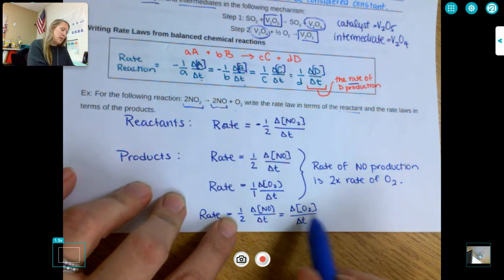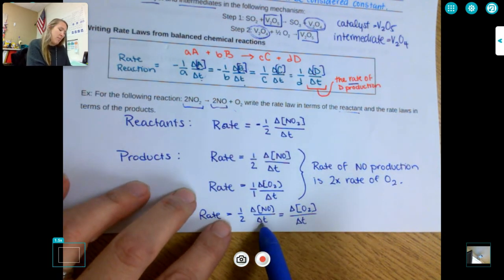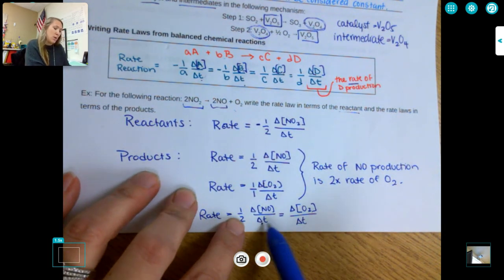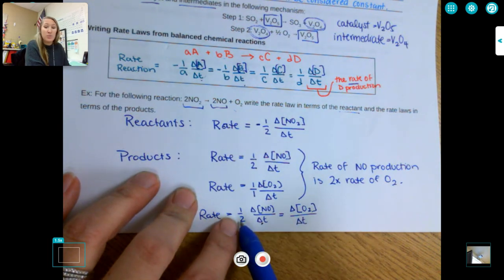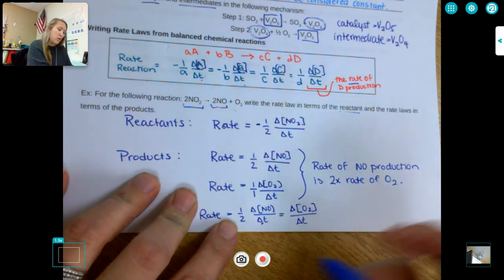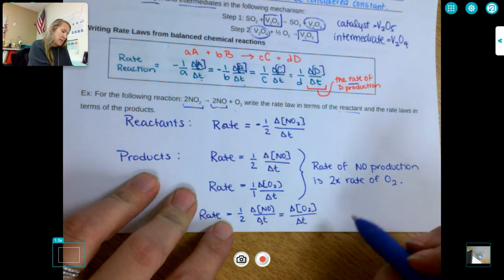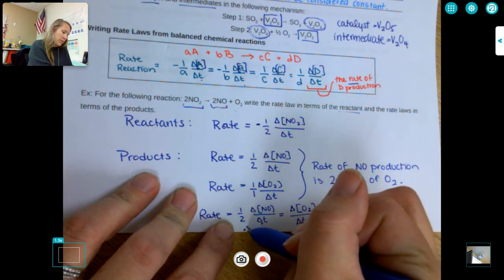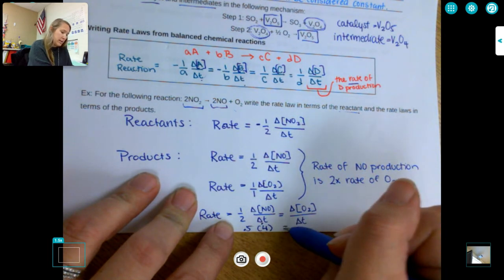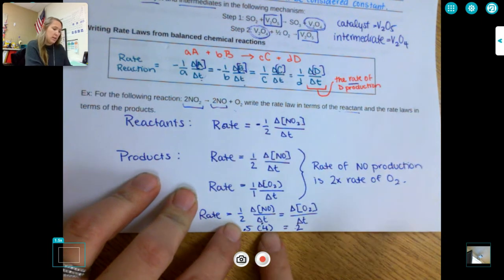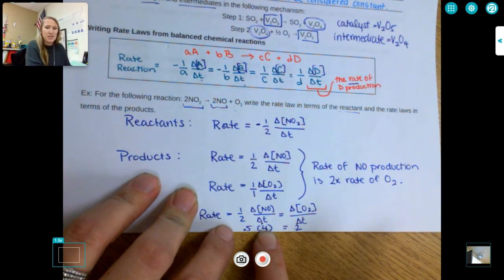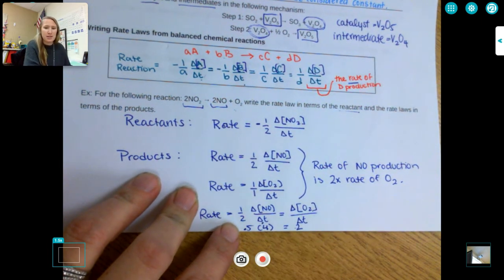Right? Well, for these to be equal, that means that this number must be twice as big as this one. That way, if we multiply by half, it's the same. So for example, to make these equal, 0.5 times the rate of 4 is equal to 2. That means that my rate of NO production is twice that of my oxygen production.